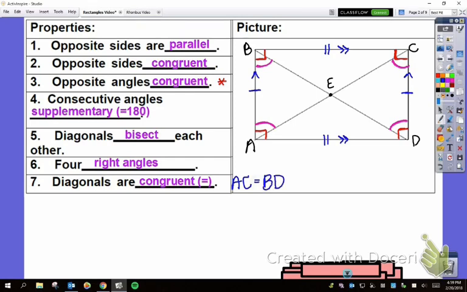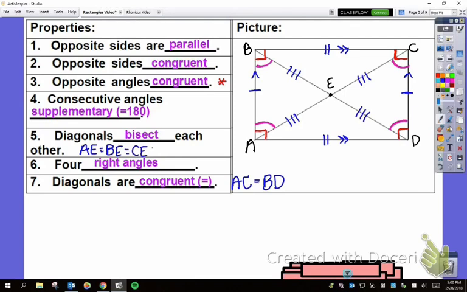Now if we know that AC and BD are equal, and we know that the diagonals bisect each other, then all 4 pieces of our inside diagonals are going to be equal. So AE would be equal to BE, which would be equal to CE, which is equal to DE. And that goes right here along with number 5.